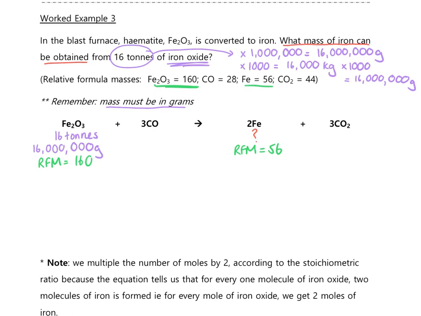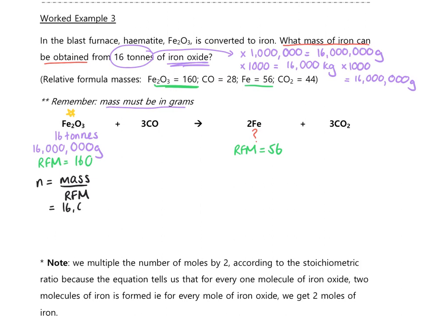Next, we're on to step number 3, which is convert your known mass into moles. Essentially, I'm starting with the information I've been given. Start with what you know. I'm going to use the equation N equals mass over RFM because I want to convert the mass I've been given into the number of moles of iron oxide. So N, number of moles, is equal to mass over RFM.